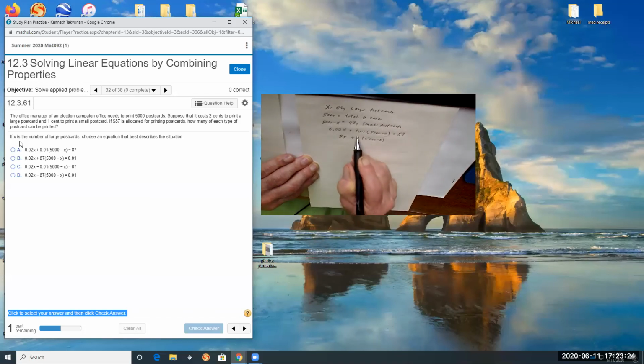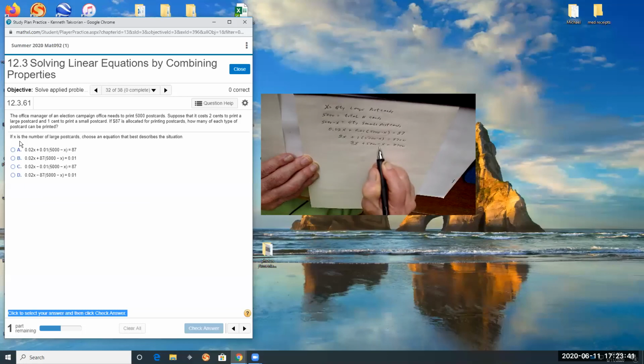It's not 100 times each of these, it's 100 times the term. And 100 times 87 is 8,700. That gives me 2x plus 5,000 minus x equals 8,700.